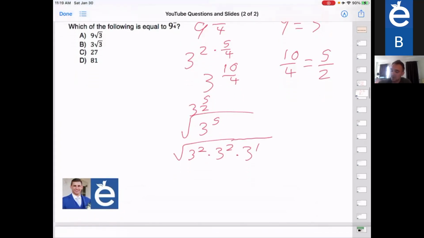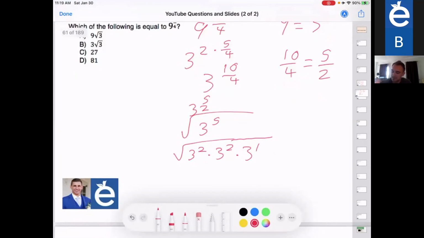I can find the square root of 3 squared, which would just be 3. It takes care of that one. Find the square root of this 3 squared, that takes care of that one. And then what's left would be 3 to the 1st. I can't find the square root of that, so I'm just going to leave it as square root of 3. So I get 9 times the square root of 3. That's the best simplified form of that.